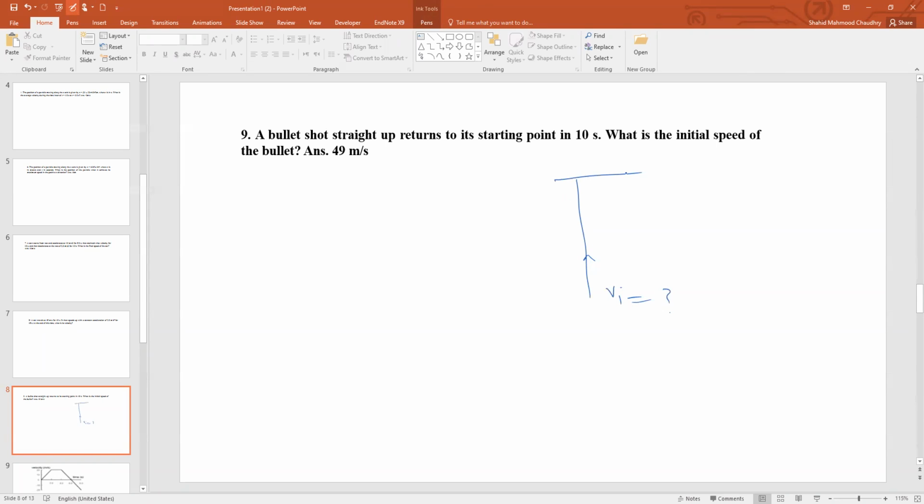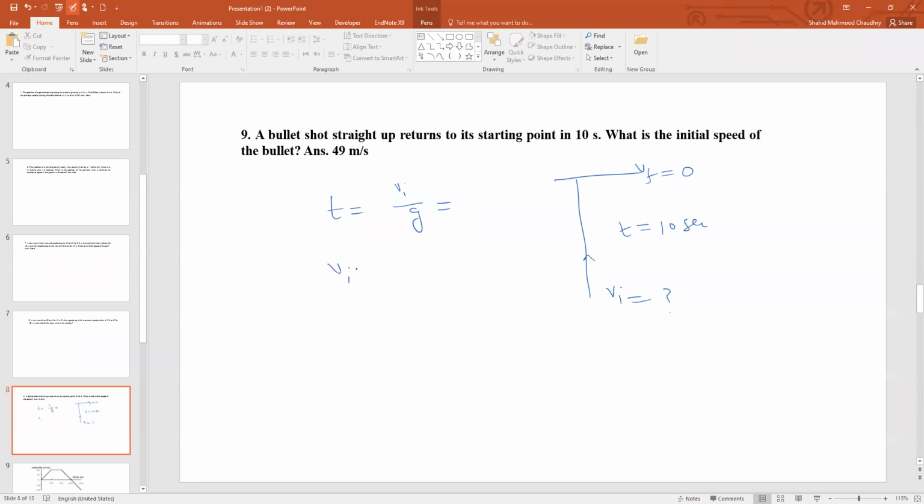At maximum height, its final velocity will be 0. So it takes a time of 10 seconds. You remember the formula for upward time is VI over G.